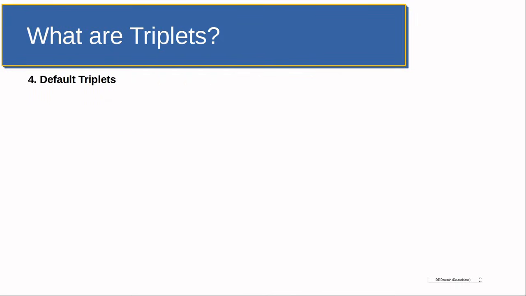There are also default triplets. If you don't specify a triplet, vcpkg chooses a default based on your platform. For example, here is our install command line, if you remember from the previous lectures. Here we didn't specify the triplet because, as I said, vcpkg chooses the default based on your platform.